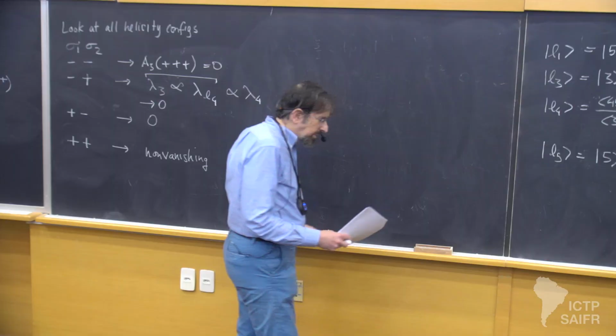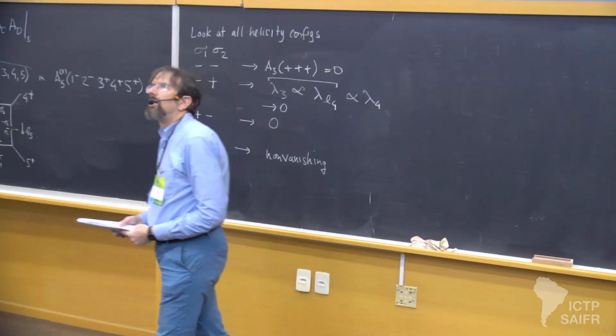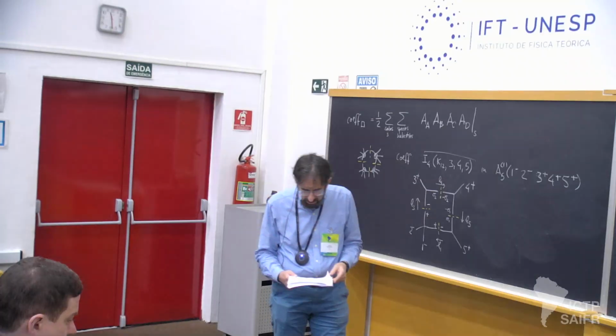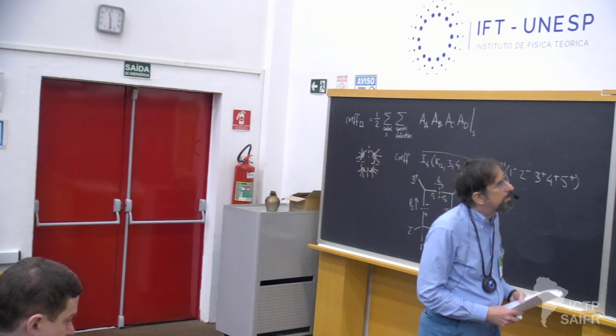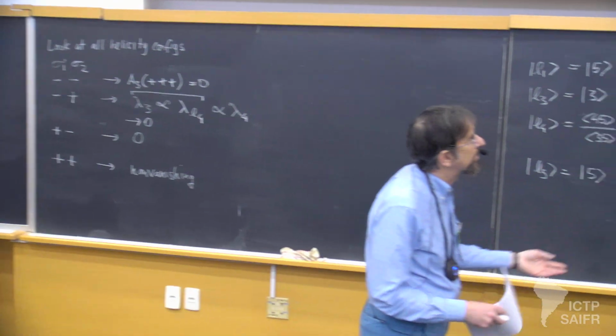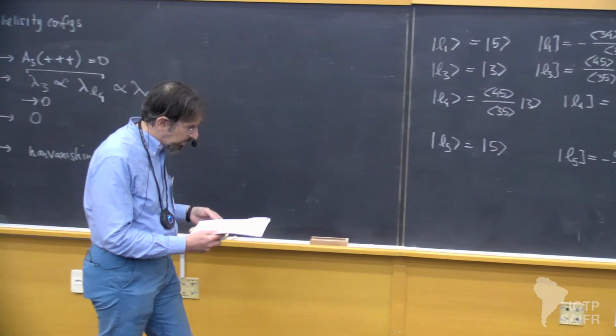So this is, of course, a contribution in QCD. Just one second, let me finish this. And there are going to be other contributions to the same amplitude from triangles, from rational contributions.